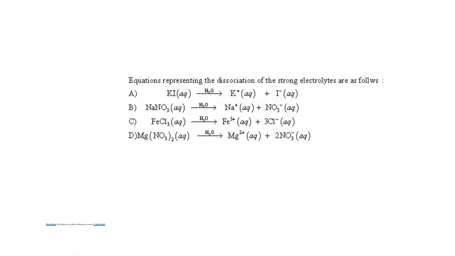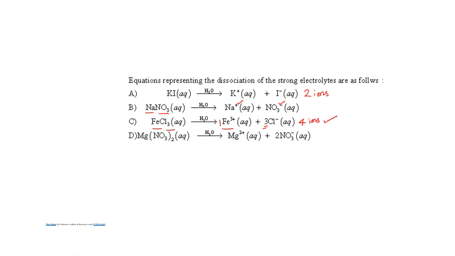That means we will have two particles here. In NaNO3 as well, we will have two particles, Na plus and NO3 minus. And in the case of FeCl3, we can see one Fe3 plus ion and three Cl minus ions. That means we will have four ions, four particles here.